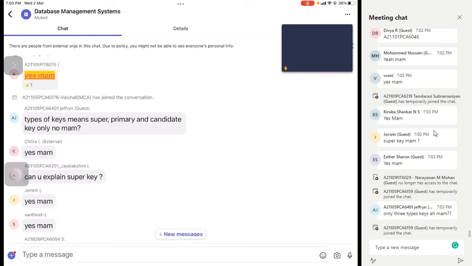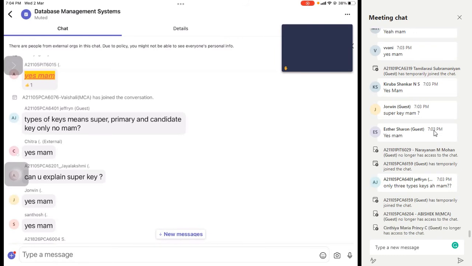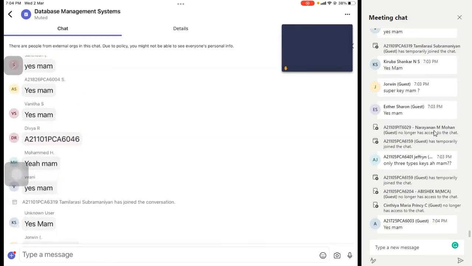For example, the same name may exist, the same course may exist, but a roll number is there. If you want to specify a person, the serial number and roll number together can give additional information about the particular record. That's why that key is called the super key.